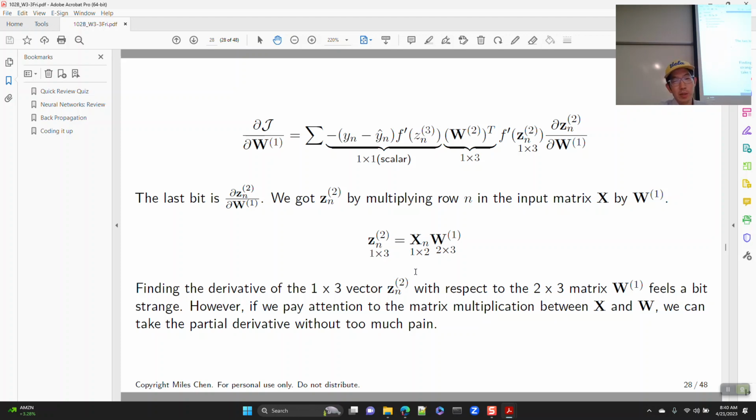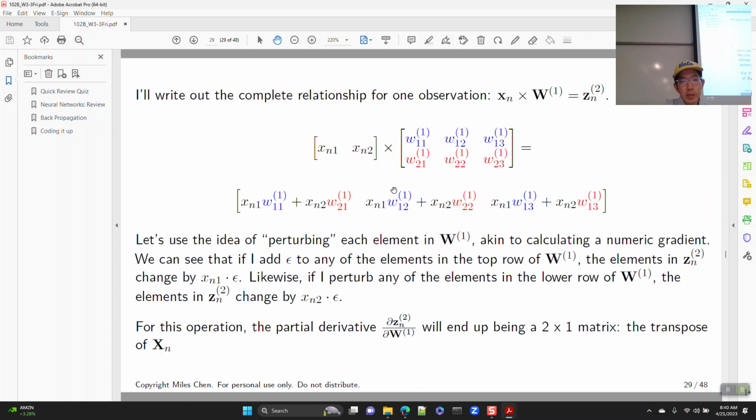Okay, well, if we look at what's happening, basically I'm taking the nth row in our X matrix, which is these two observations, this 1 by 2, and then here's my W matrix, which is 2 by 3, and when I multiply that, I get this 1 by 3, right? And we can say, okay, well, how would this row change if I were to just mess with this first value here?